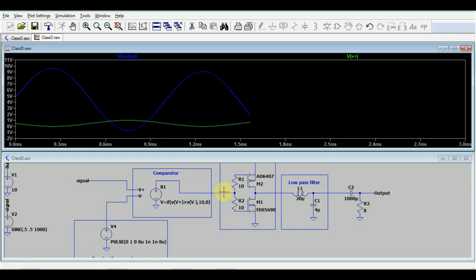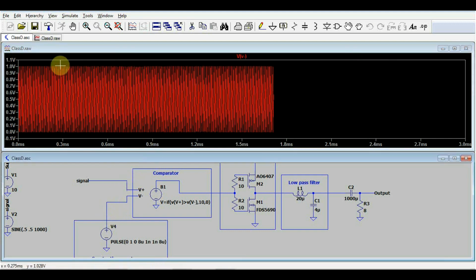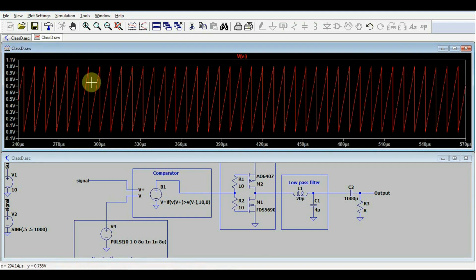What makes this type of amplifier not be as high fidelity as the analog types is the sampling rate. Basically, how many times a second do you look at the input signal when you're turning it into a digital signal? This is based on our local oscillator frequency.